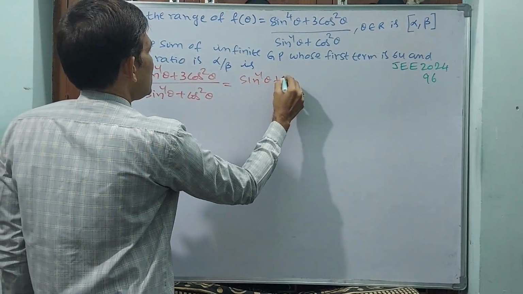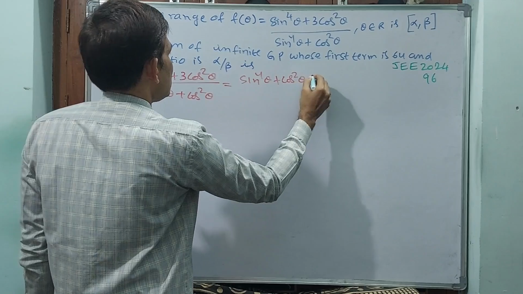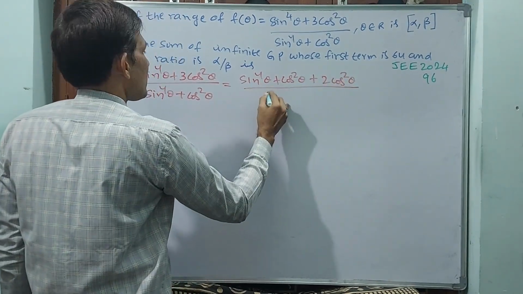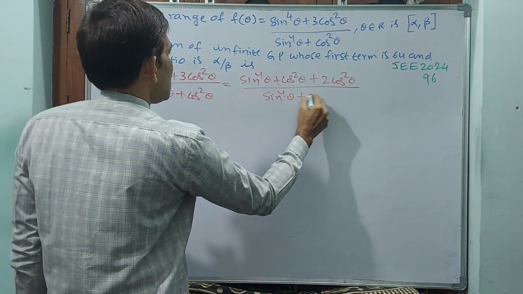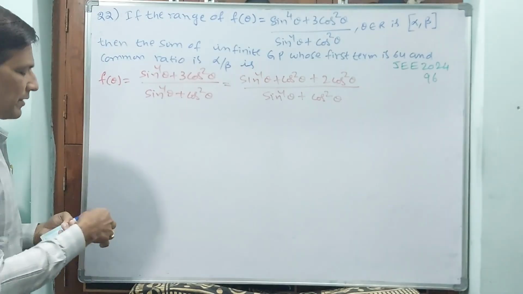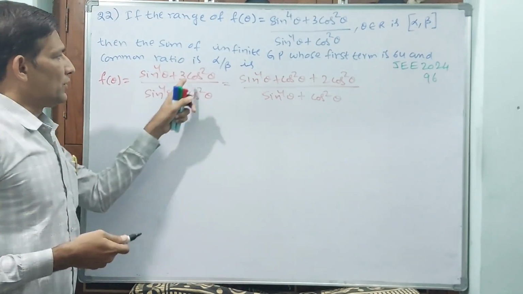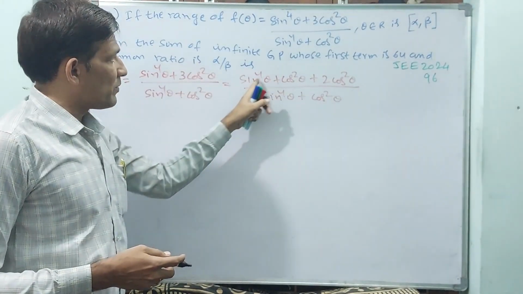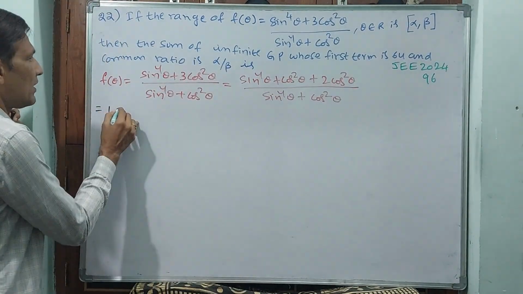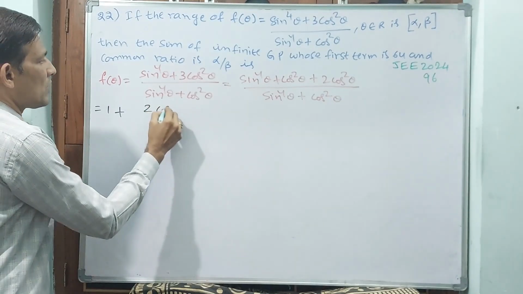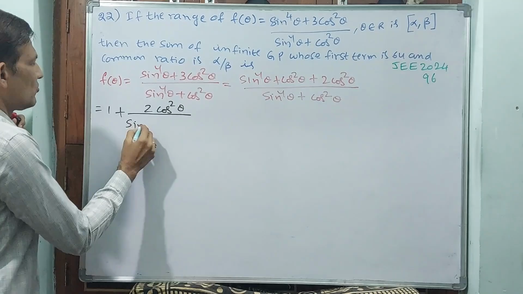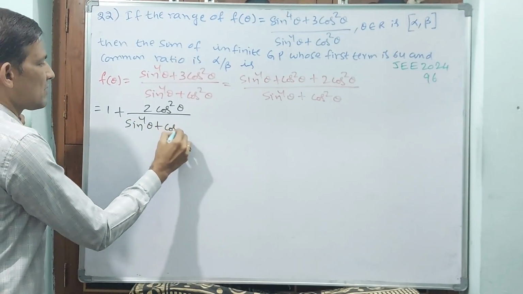Sin⁴θ plus cos²θ plus 2cos²θ by sin⁴θ plus cos²θ. Why? Because sin⁴θ plus cos²θ is the same as the denominator, so we can write 1 plus 2cos²θ by sin⁴θ plus cos²θ.